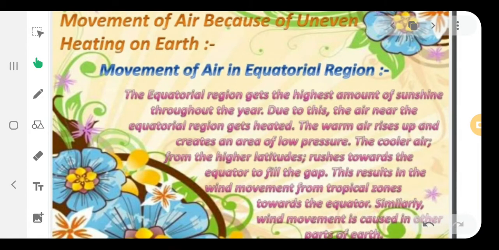Similarly, wind movement is caused in other parts of the earth. So what you have to keep in mind, when the air will be heated up, it moves upward, and the surrounding air which is more cooler as compared to that hot air, that cold air will fill the gap in between.